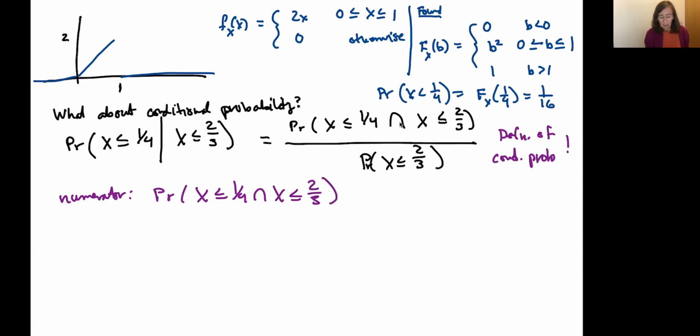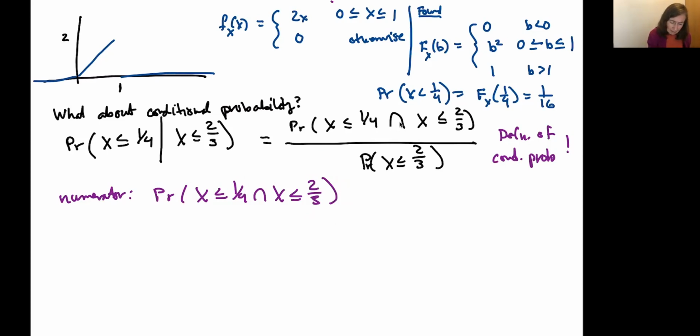The probability that X is both less than 1/4 and less than 2/3 is the probability that X is less than 1/4. This event, X is less than 1/4, is a subset of the event, X is less than 2/3. So the intersection is just the smaller set here.